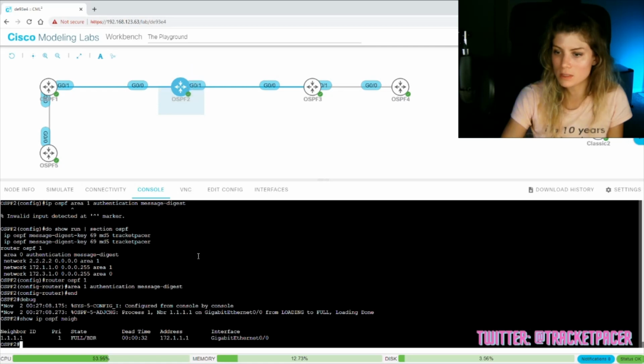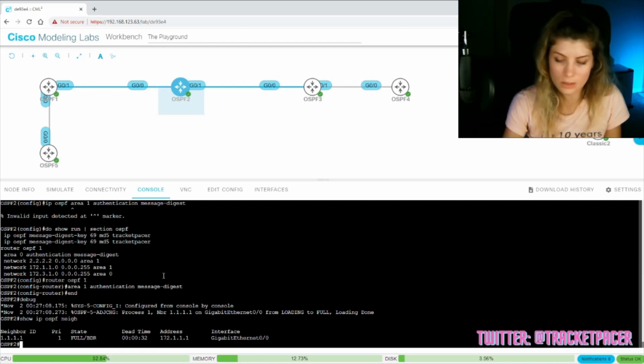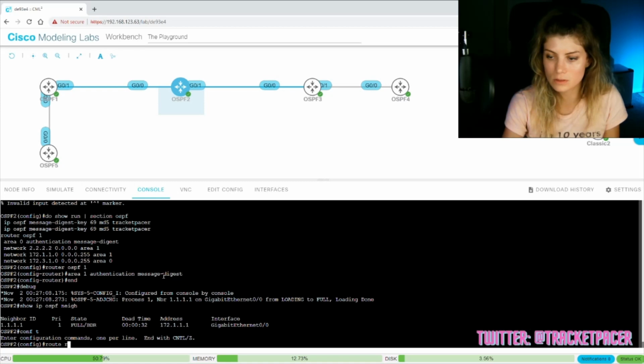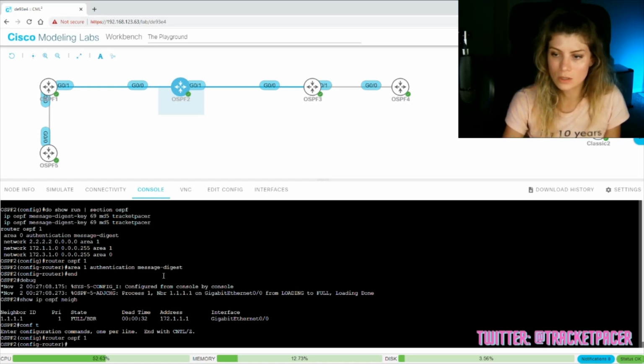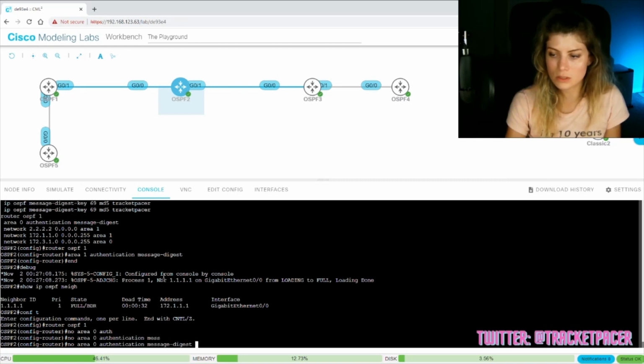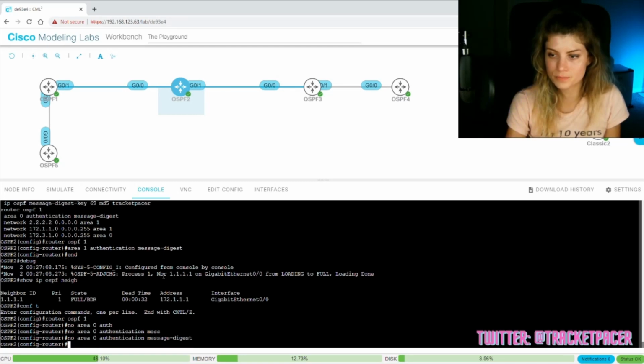So with that in mind, I have area 0 set up for authentication. I don't want to deal with that actually. So there's just a fun little thing here. OSPF 1. No. What was it? Area 0. Authentication message digest. No, thank you.